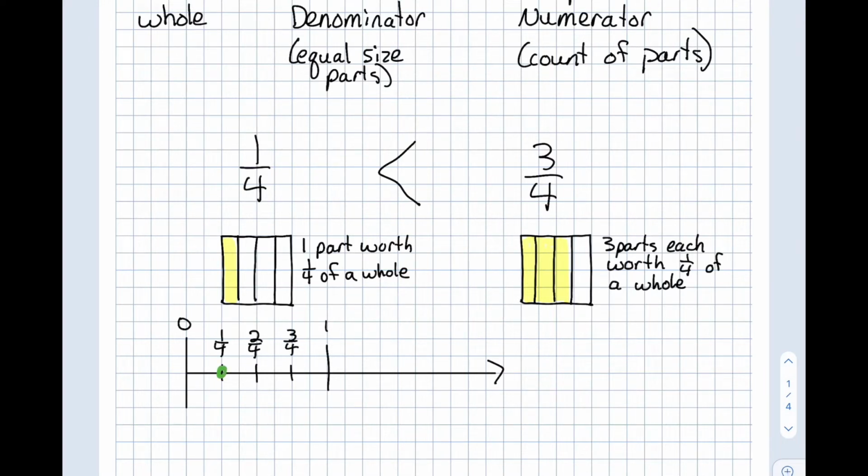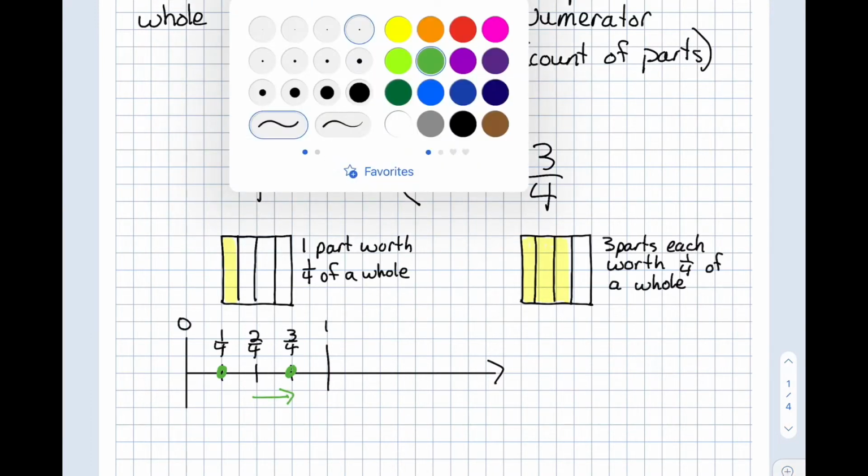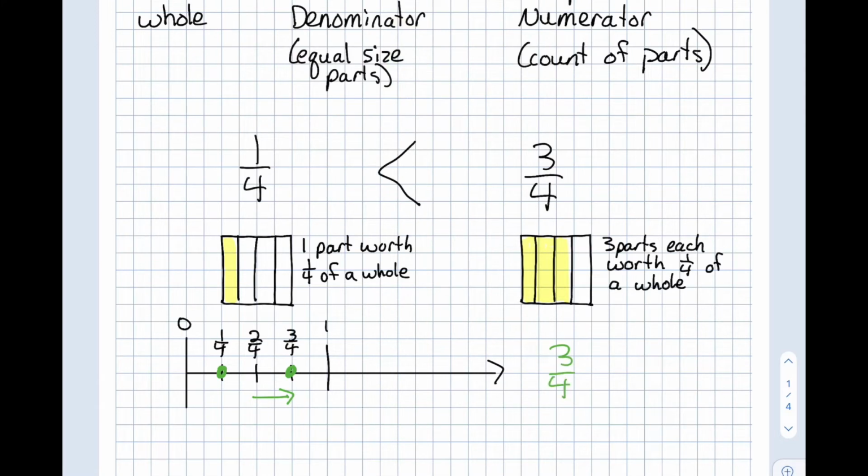When we mark 1/4 and 3/4, we can see that 3/4 is to the right, so it's greater. Another way to write this would be 3/4 is greater than 1/4. With equal size parts or equal size spaces here, all we do is compare the number of parts or the number of spaces.